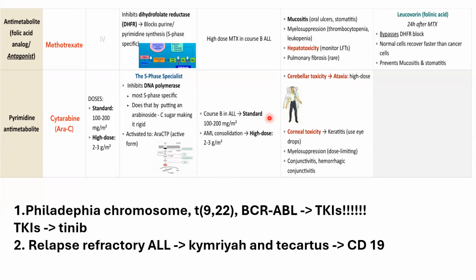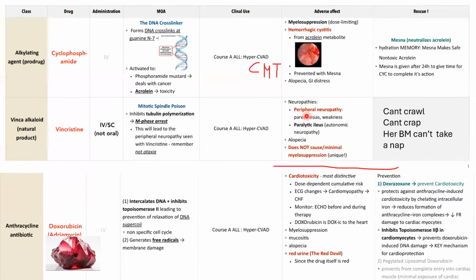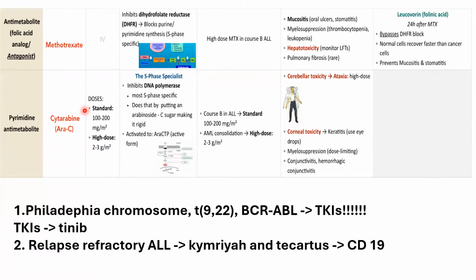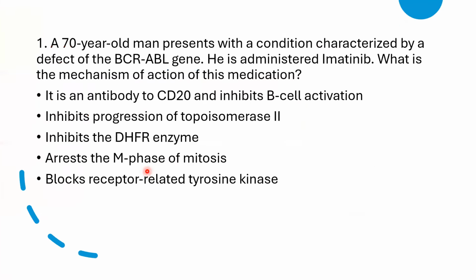However, if the patient presents with tingling, numbness on the peripheries, like on the arms and legs, that would be peripheral neuropathy, which is for vincristine, okay? Corneal toxicity, everything starts with a C, and it works on the S phase, which rhymes with the C, okay?